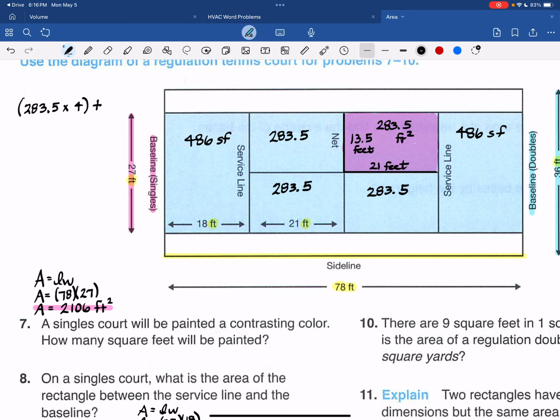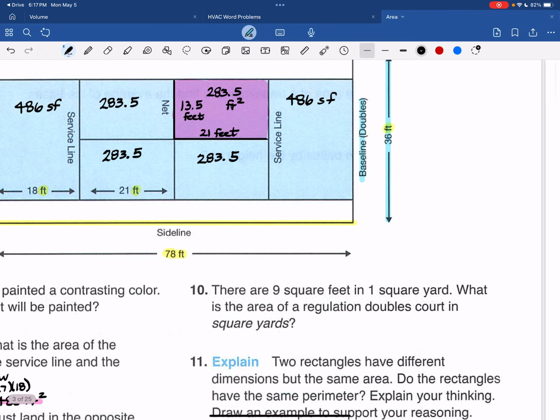And then I'm going to add 486 times 2 and see what we come up with. If we've done everything correctly, we should come up with 2106 to match that one right there. And we do indeed come up with that. So either way you do that problem, number 7, you will get the answer you're looking for.